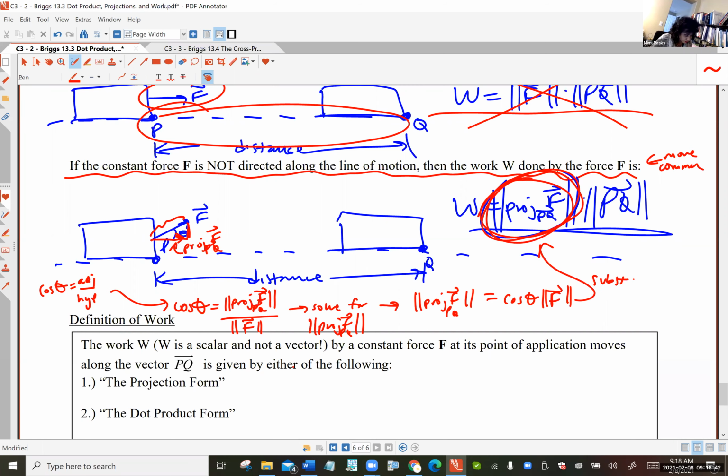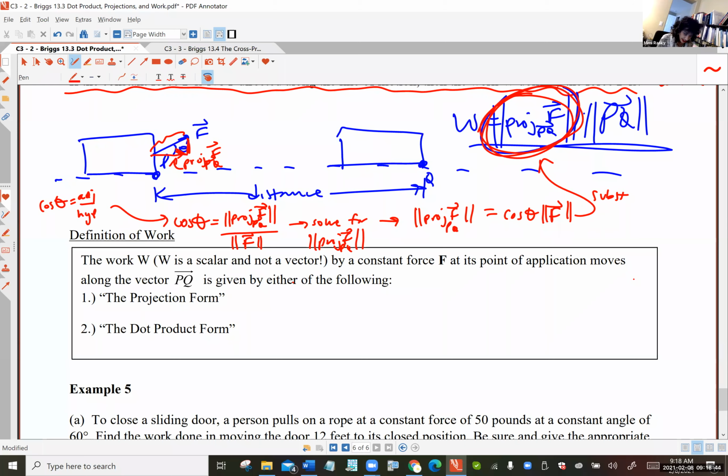So your work formula is now going to be W equals cos theta times the magnitude of F times the distance the object moves, which is the magnitude of PQ. So that's one formula you're allowed to use, and it's a great formula to calculate work. But it's usually only good if they give you a theta.